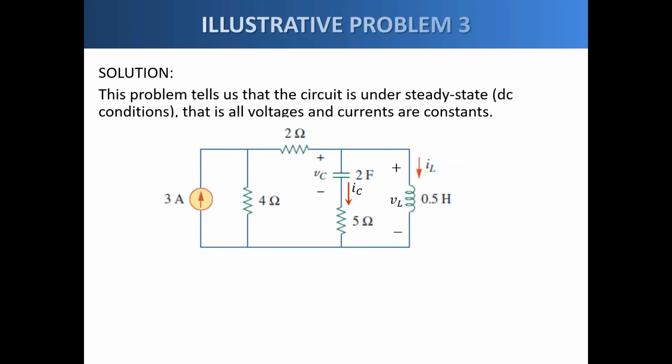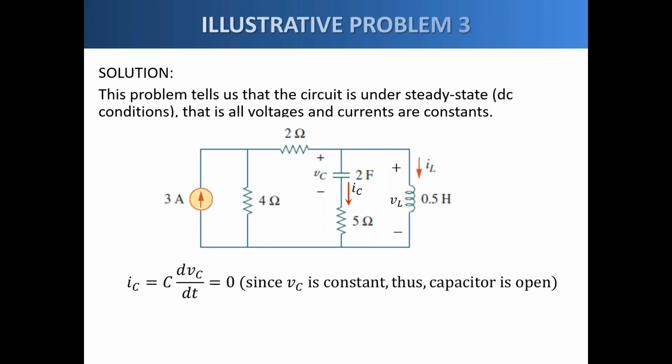Here is the solution. Since the circuit is at steady state, this tells us that all voltages and currents are constants. So if the voltage is a constant across the capacitor, dV_C/dt should be equal to 0, and therefore the current through the capacitor is 0.